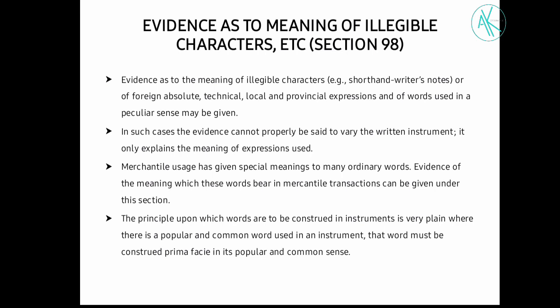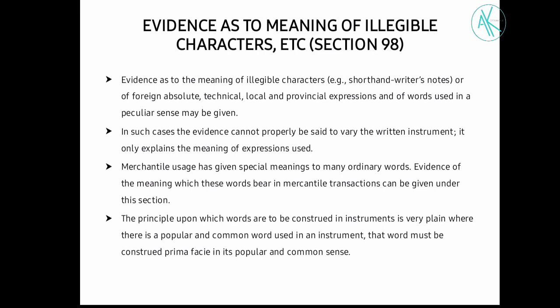In such cases, evidence cannot properly be said to vary the written instrument. It only explains the meaning of the expression used. Mercantile usage has given special meaning to many ordinary words. Evidence of the meaning which these words bear in a mercantile transaction can be given under this section.